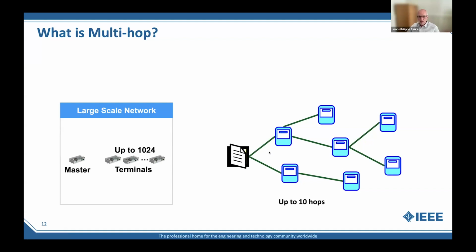So you see, it's like a tree networking, where you can reach the different nodes not in a single hop, but up to 10 hops. And we increase the number of nodes supported in the network, because we can support a very large network with 1024 nodes in one single network.